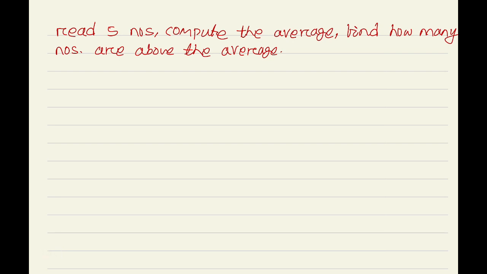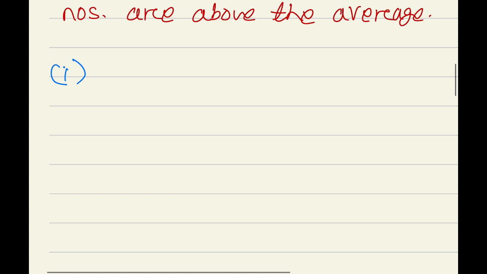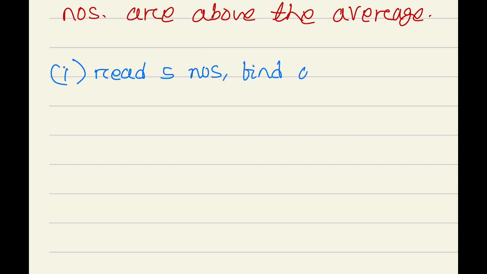The first part is read 5 numbers and find the average, and in the second part we compare each number with the average and find how many numbers are above the average.